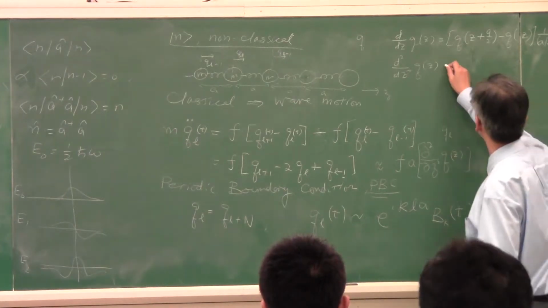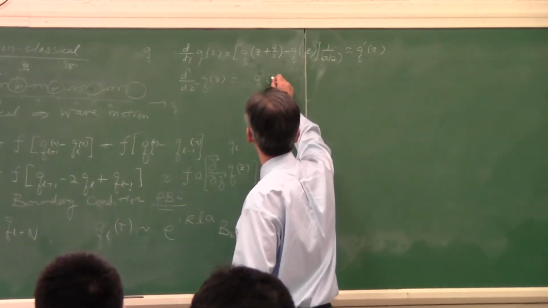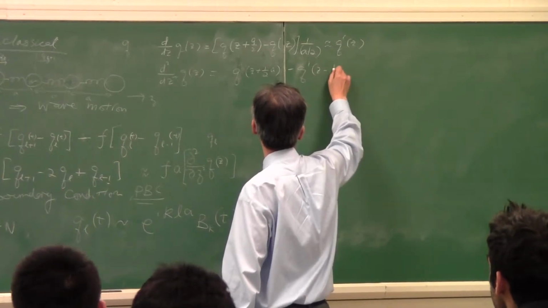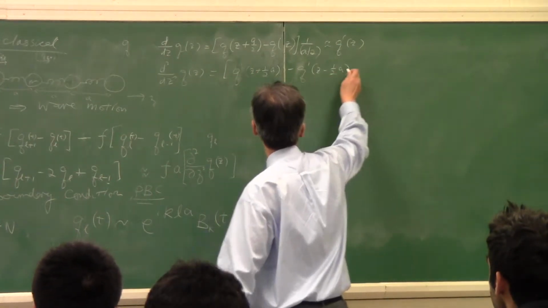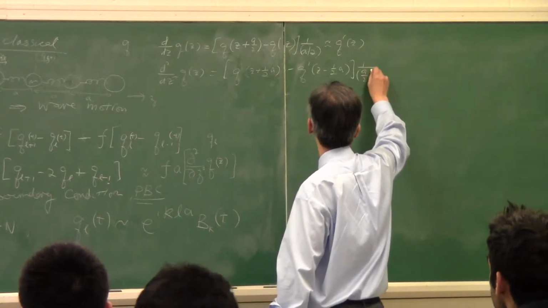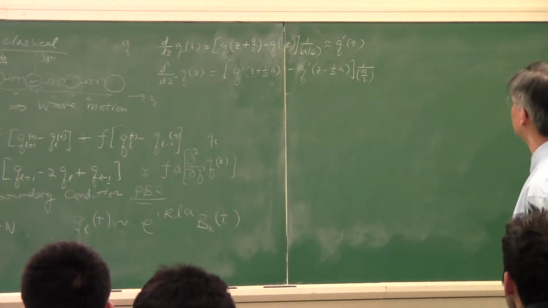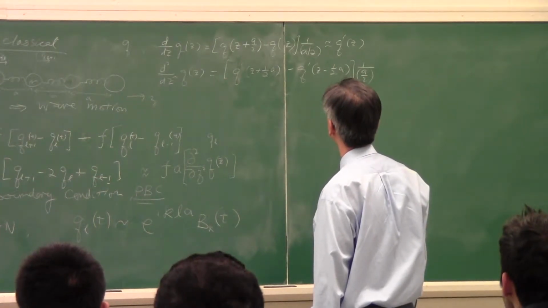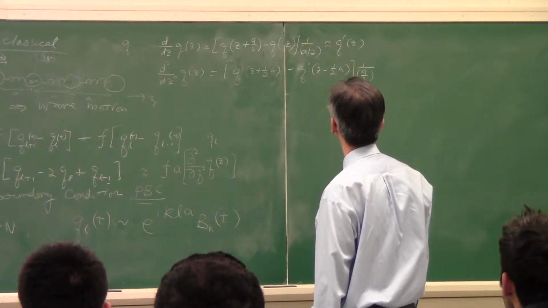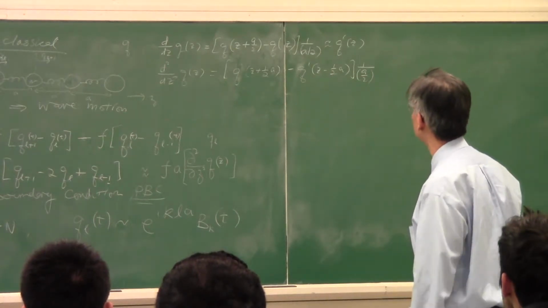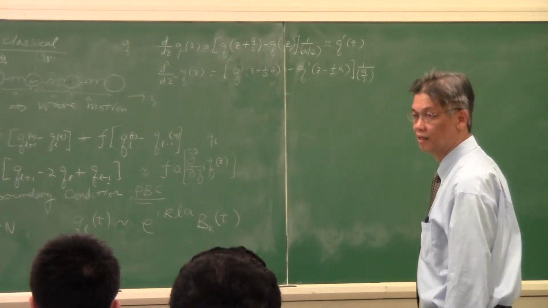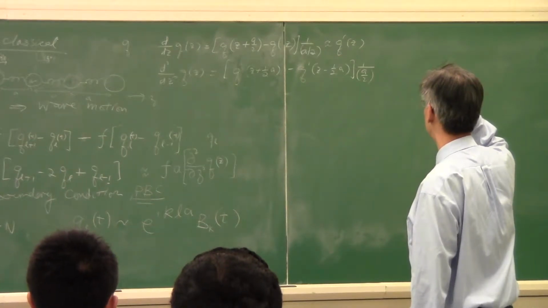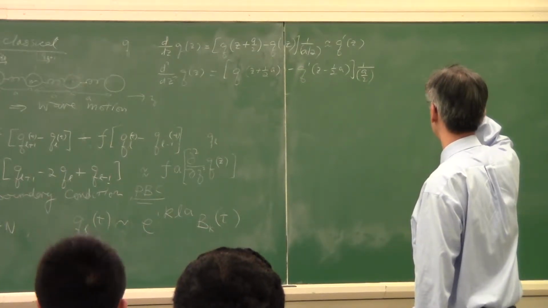The second derivative will be equal to q prime(z plus a over 2) minus q prime(z minus a over 2), divided by a over 2, because there's a spacing. Oh no, that's not the spacing. The spacing is equal to a. So this is not correct then. You can just change the z plus a over 2 to z plus a. Yeah.